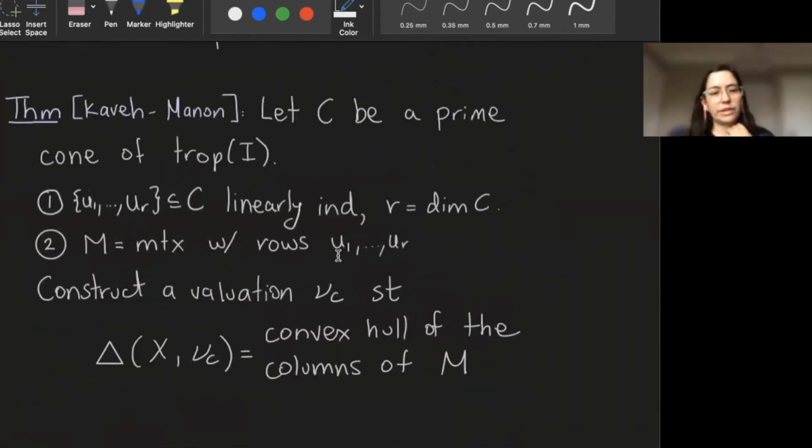Okay, so we are here. As long as you know how to compute the tropicalization of an ideal presenting the coordinate ring of your favorite variety, and you need to be able to really compute it, but as long as you can do that, then you can construct valuations whose images are finitely generated semigroups and whose Newton-Okounkov bodies are polytopes.